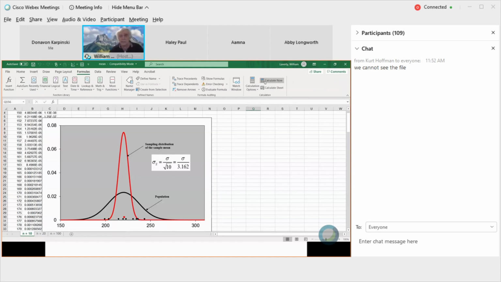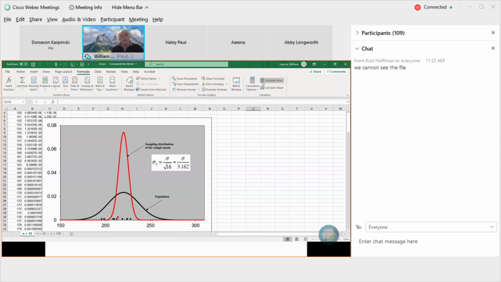Press it again, it'll do another sample. The black observations are coming from the population. The red one is calculated from those observations. It's the center of gravity.